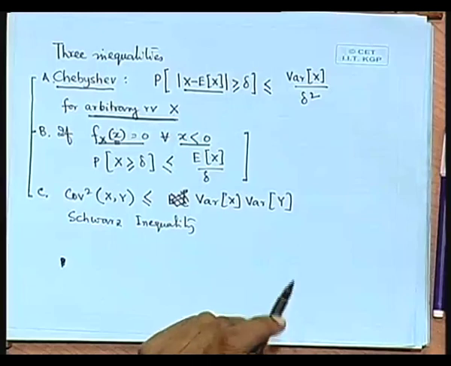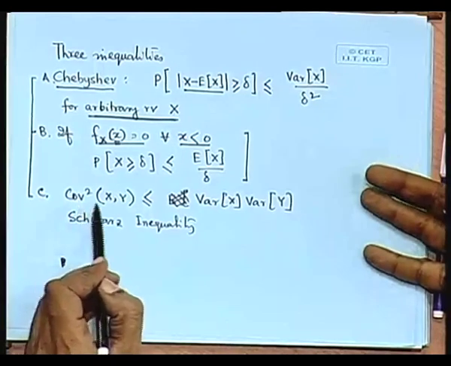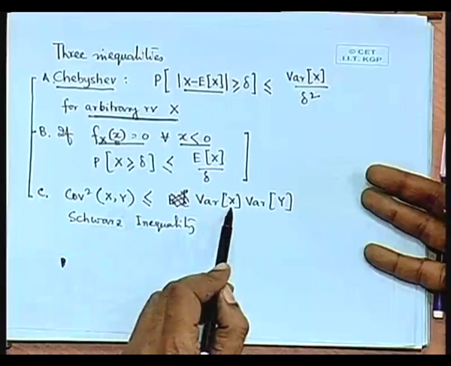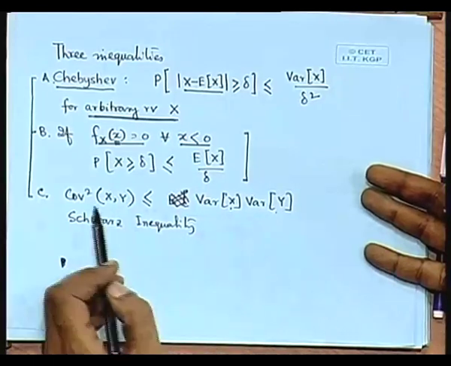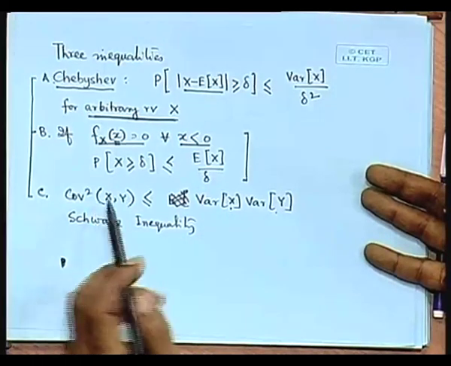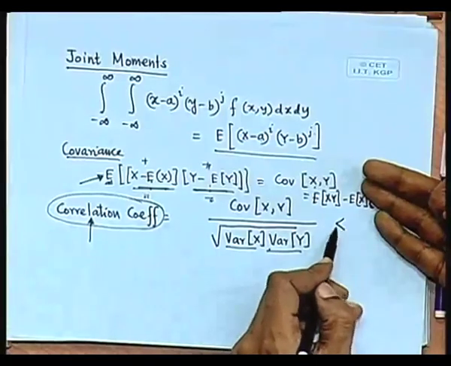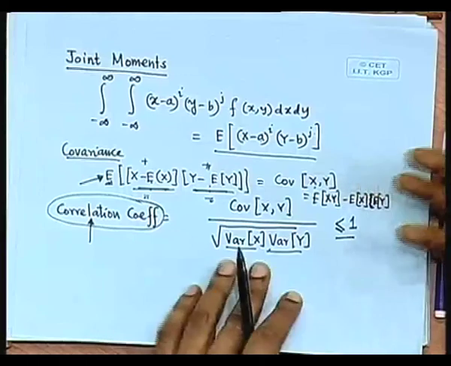And finally, we have covariance square xy is less than or equal to variance x times variance y, which means that the correlation coefficient that we have considered here is always less than or equal to 1.